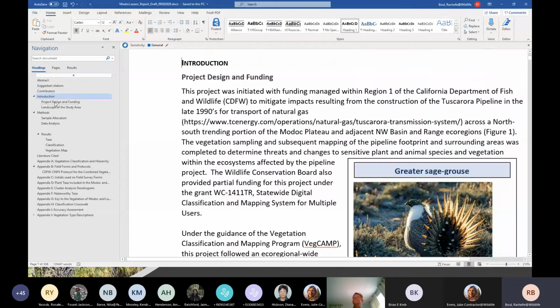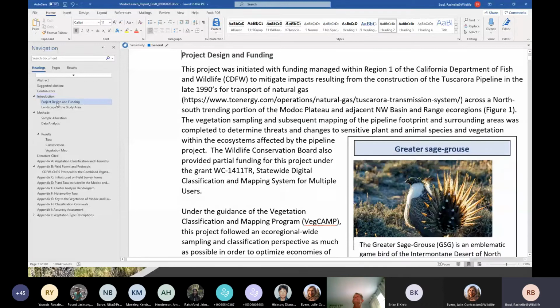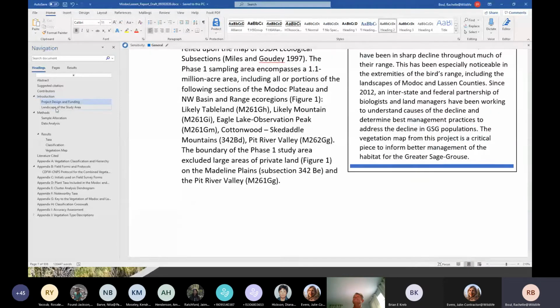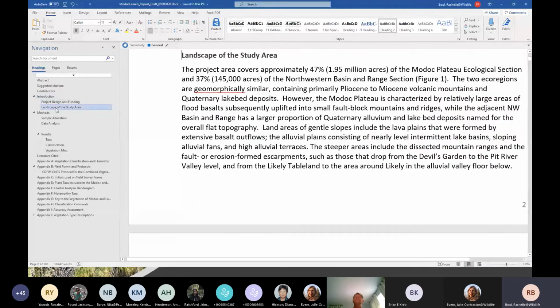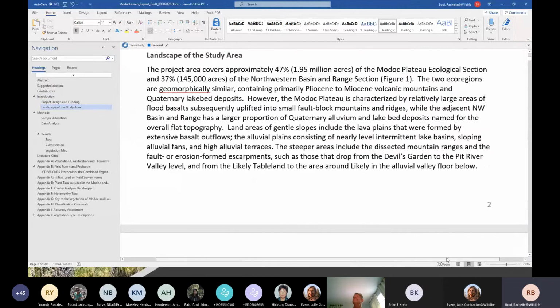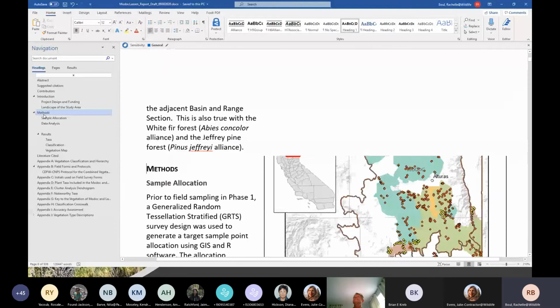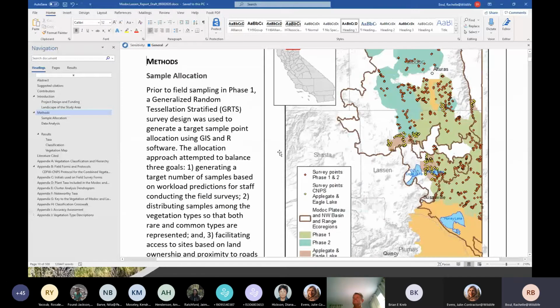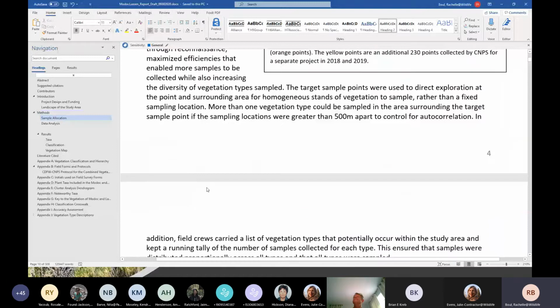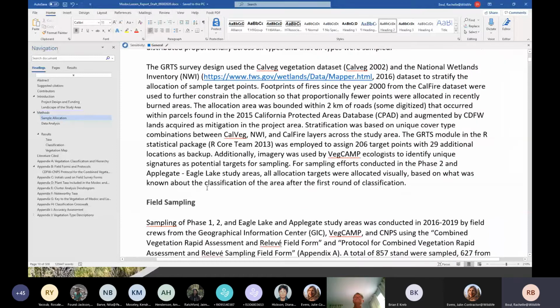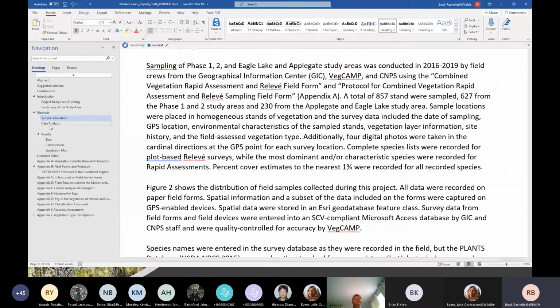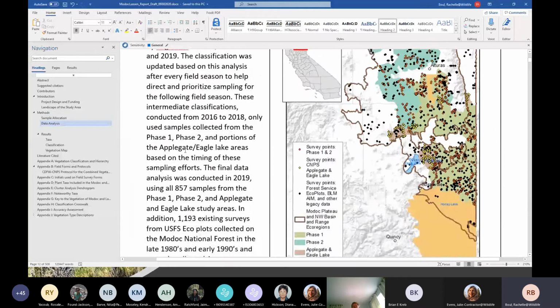So again, in the report, you have the project design and who funded it and everything, the background for this project. You have the study area description. Here we go, off the page there. And then, of course, we have more in-depth methods for the sample allocation for this project, and also the field sampling and data analysis.